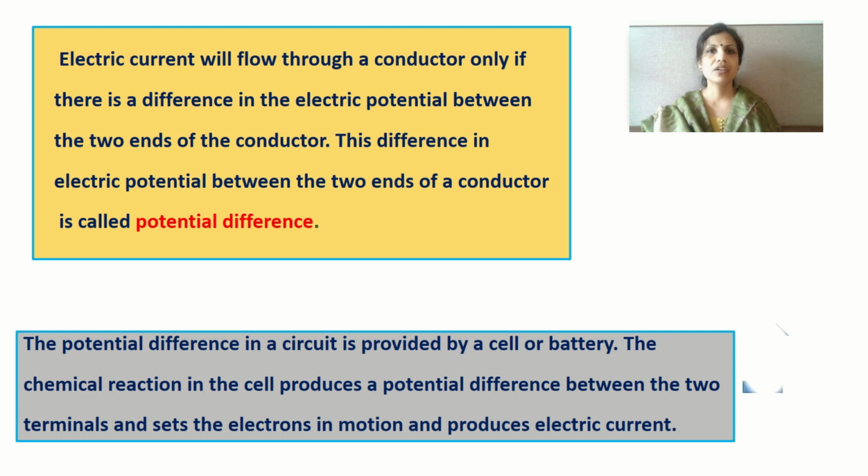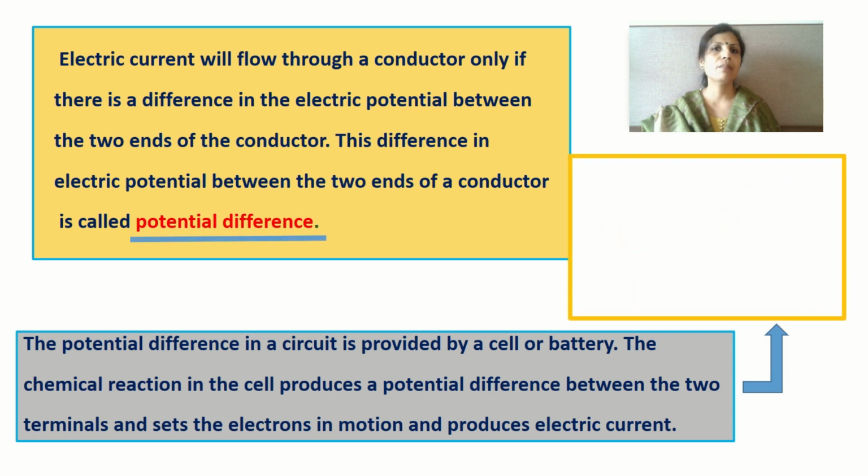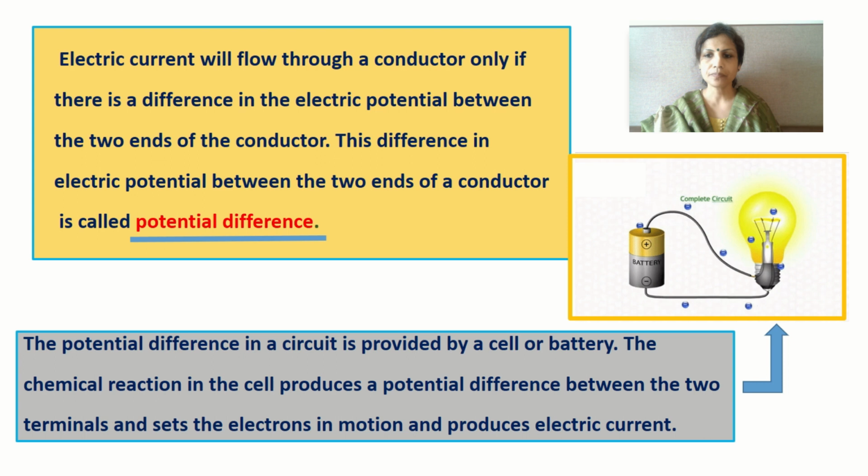So observe this figure. This figure will give you a better understanding about the flow of electric current. When you connect a cell to the two ends of the conducting wire, you can see the blue colored dots, which are electrons. They are in motion. They are continuously running. They are running because we have created a potential difference between the two ends of a conductor.